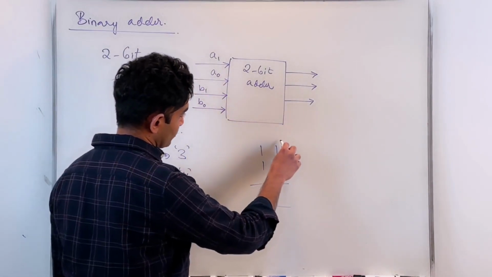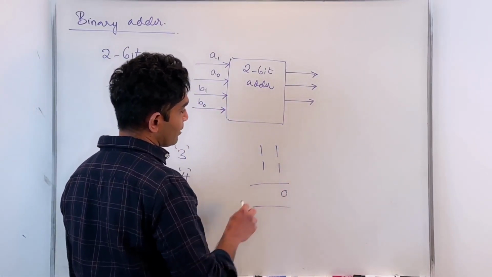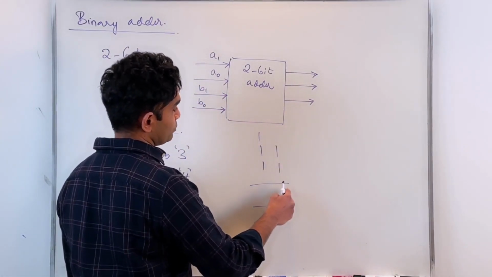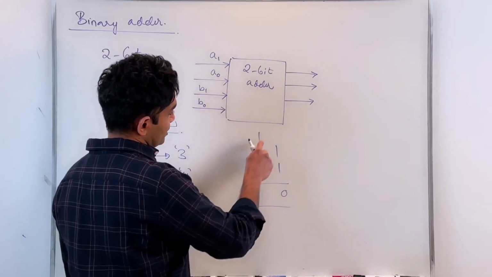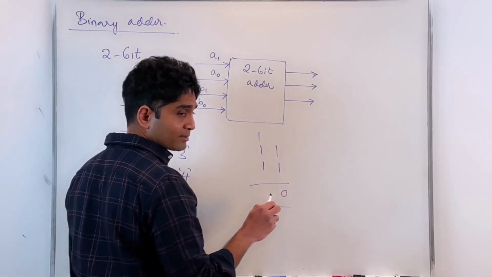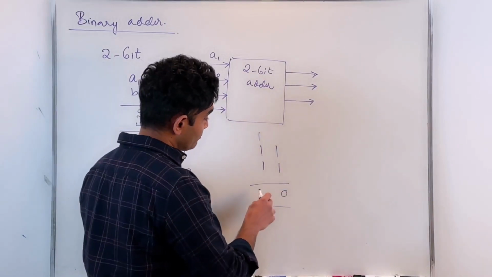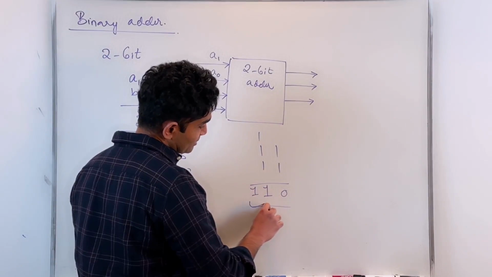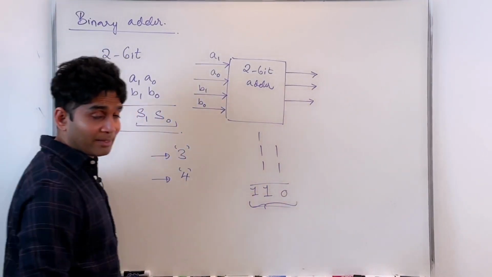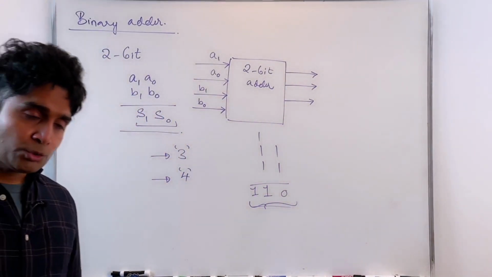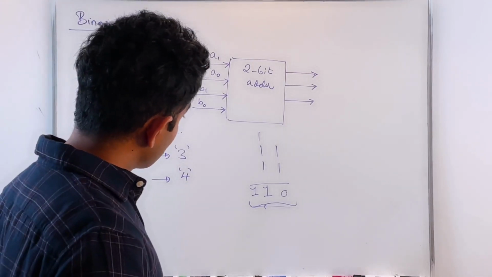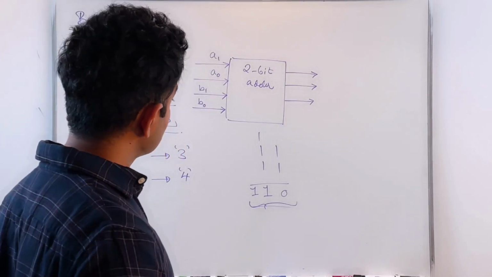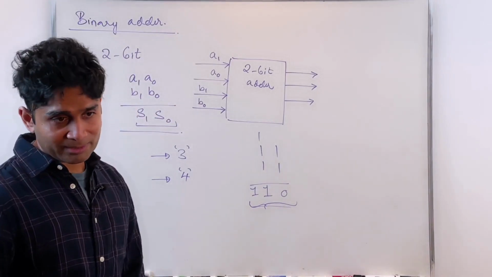Let's see what I get. 1 plus 1 is 2, so that's 0 and 1. 1 plus 1 plus 1 is 3, which is basically 1, 1. That's the largest possible sum I can get when I add two 2-bit numbers together.